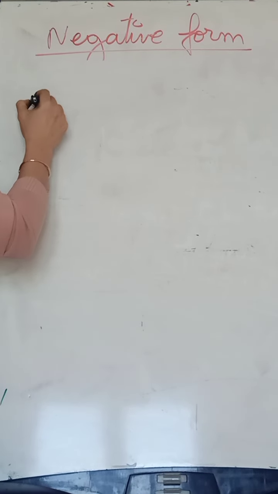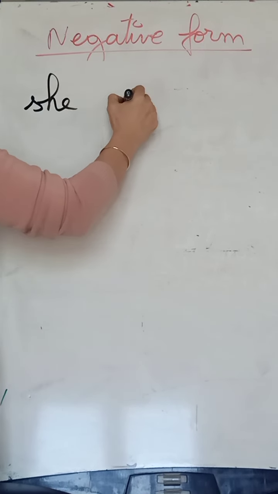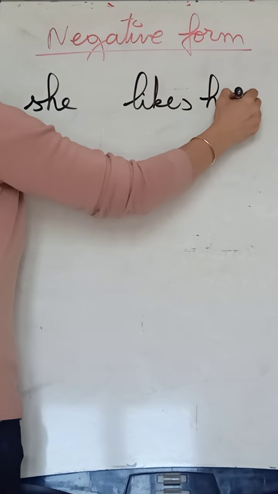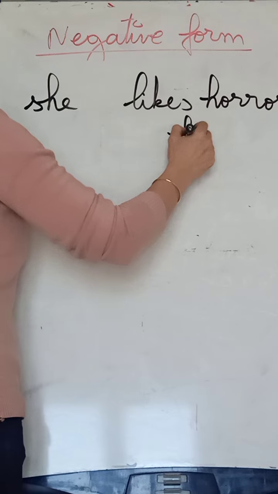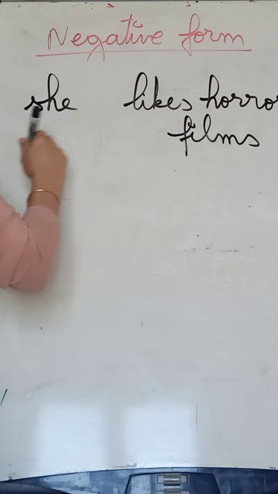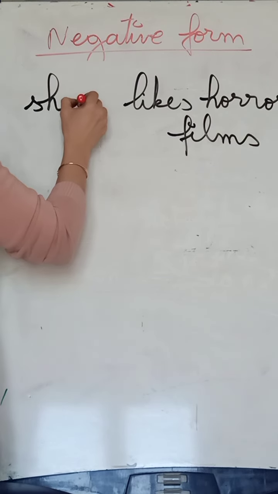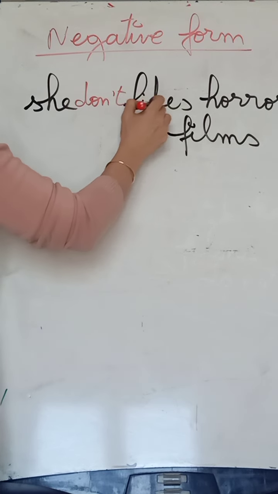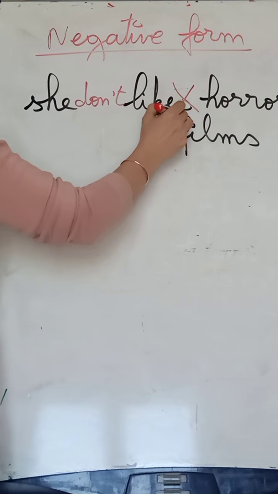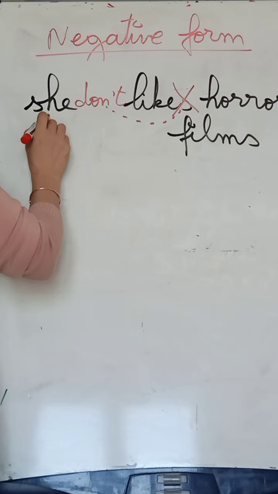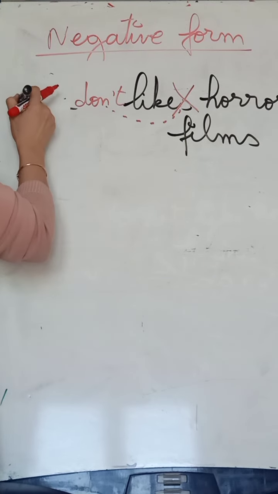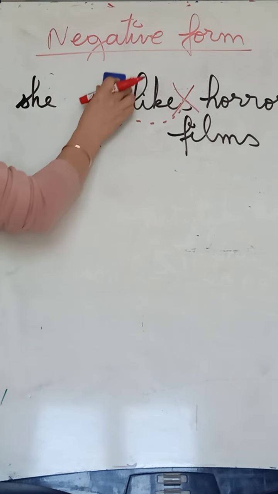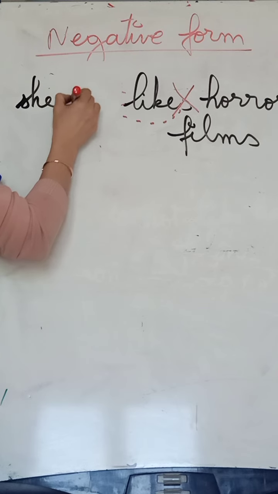Now, with she, here we have got, for example, likes horror films. Here I write she. Normally I say don't. But as we have s, I omit the s and the s comes here. And it becomes she doesn't.